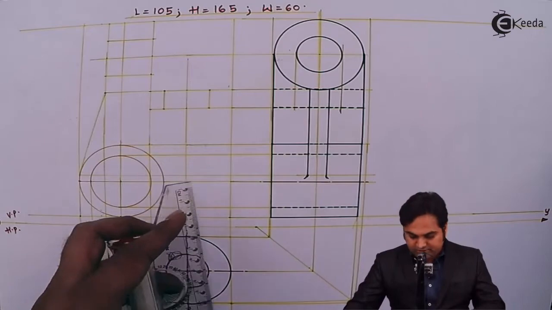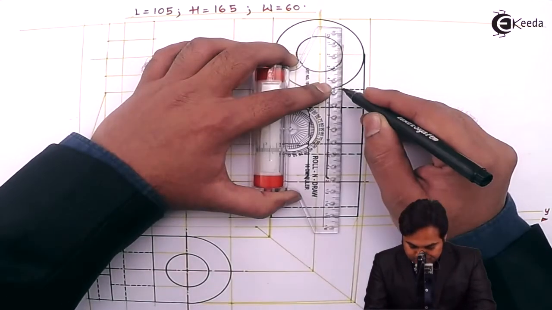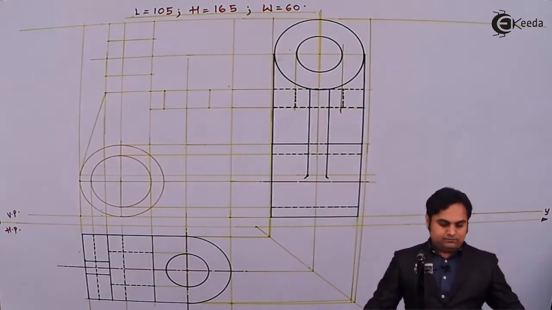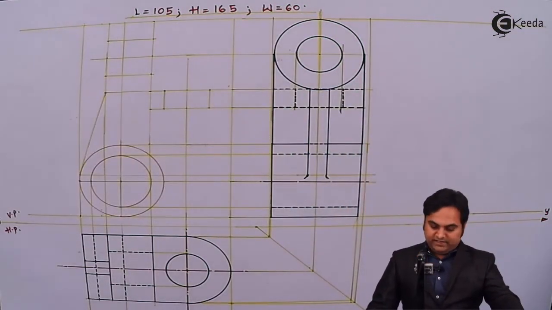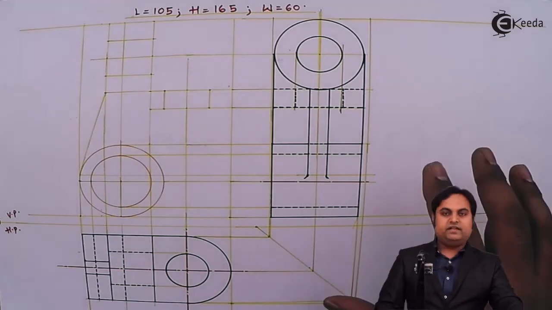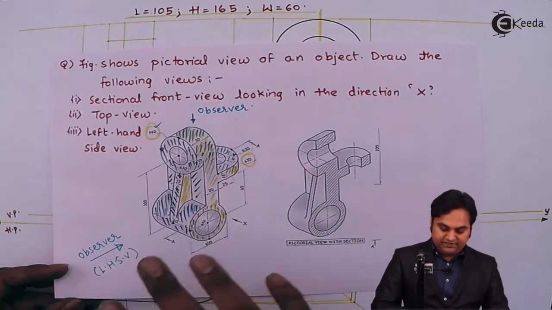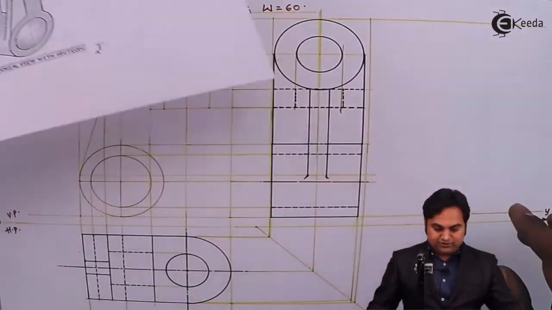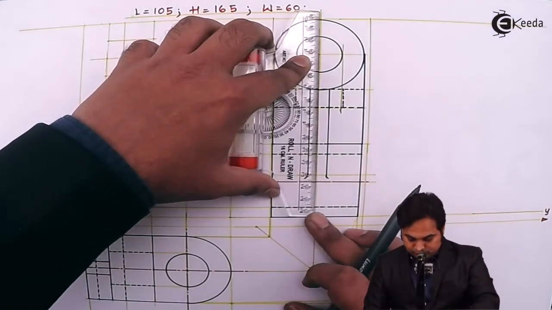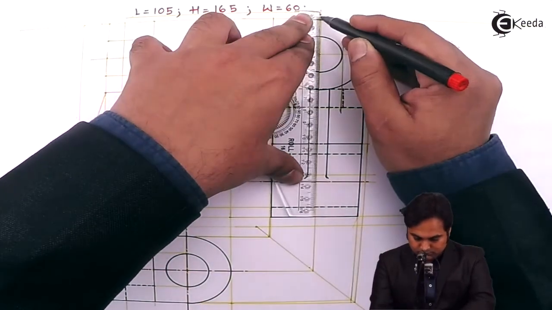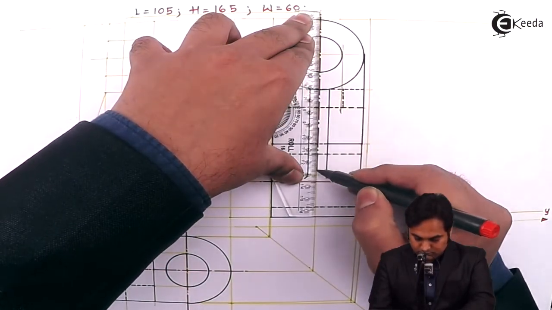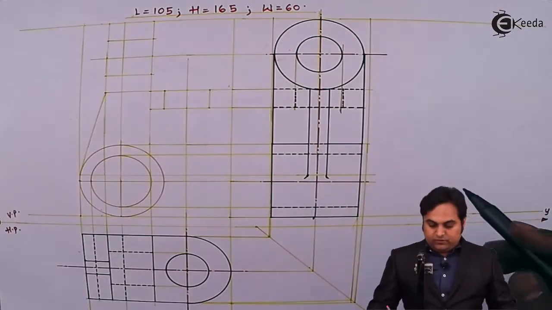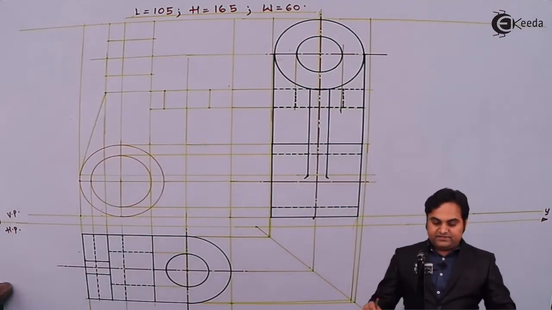Then I'll draw the hidden lines through them. So now I can say that only this much is there in the side view, that is we have completed it, drawn all the visible portion as well as the hidden portion. So after drawing the center lines, I can say that the side view is over.